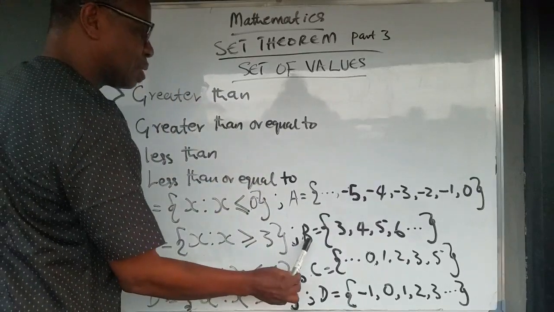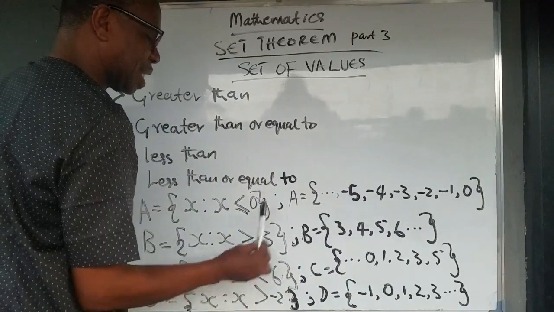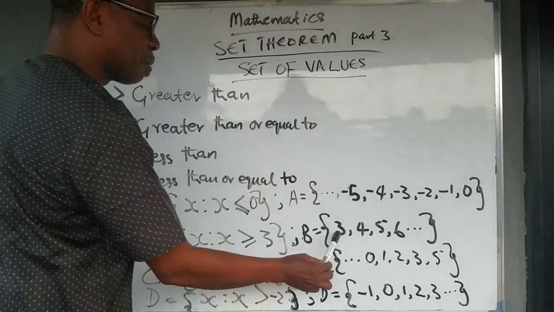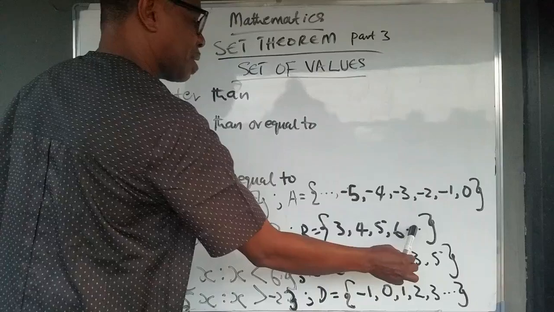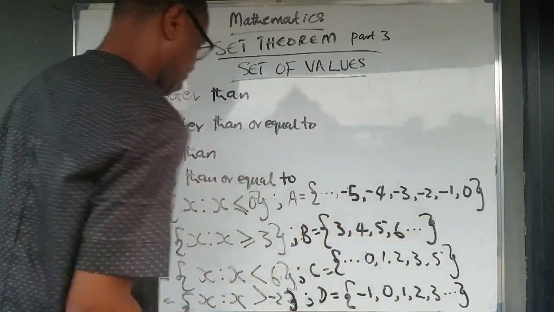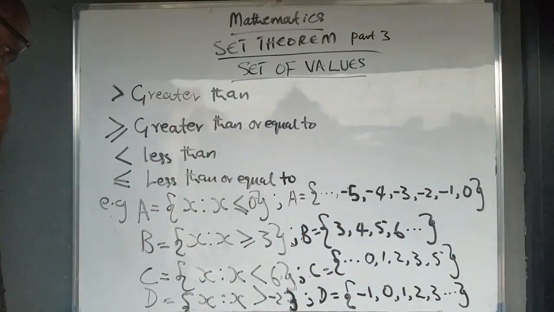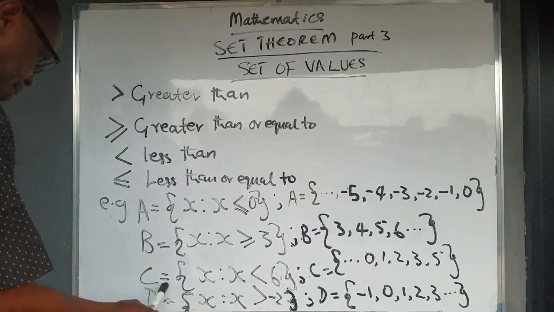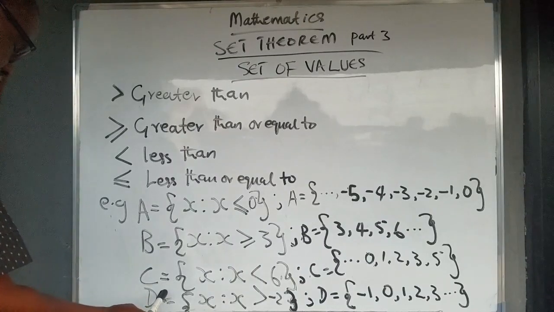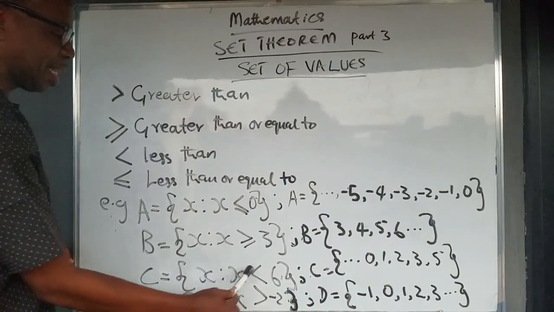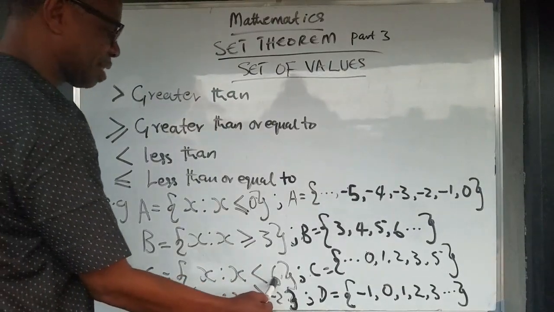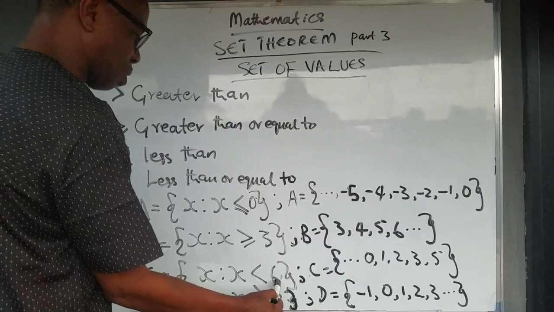So this is greater than, that means I will start from 3. Greater numbers 4, 5, 6, and I have dotted lines.